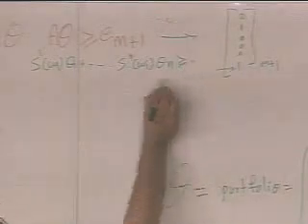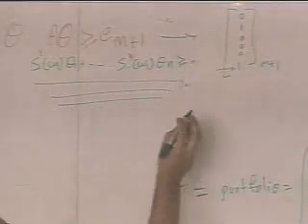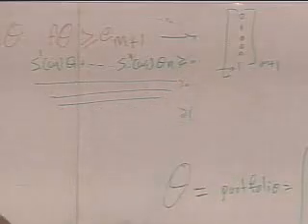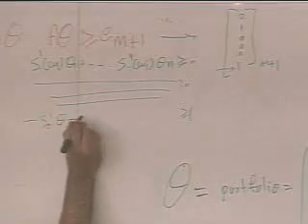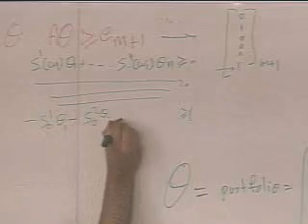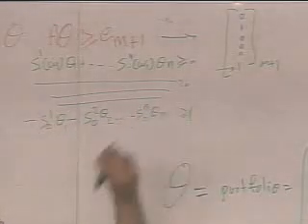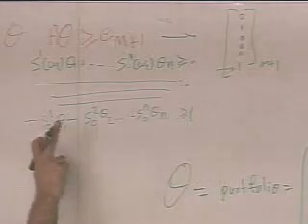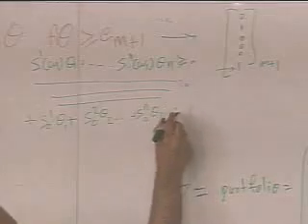So all the rows would be greater than or equal to 0, and the last row would be greater than or equal to 1. What's the last row? The last row is minus S_01 theta 1, minus S_02 theta 2, up to minus S_0n theta n, multiplied by a negative, less than or equal to minus 1.